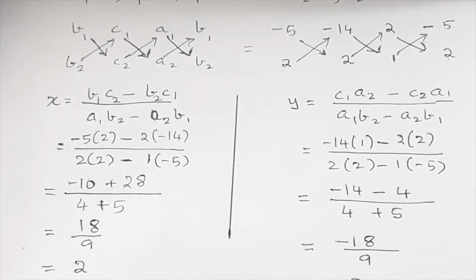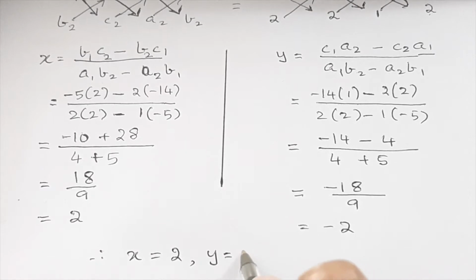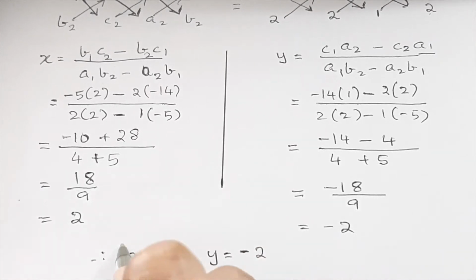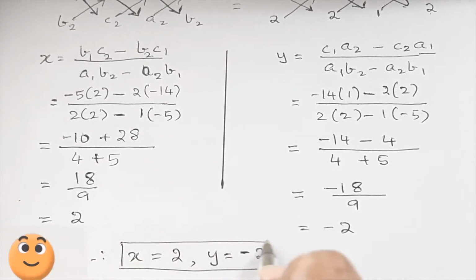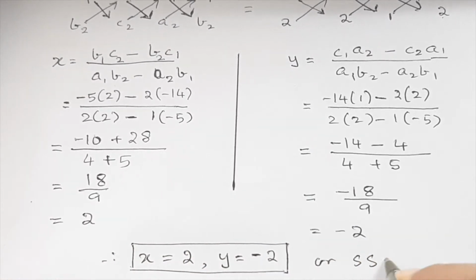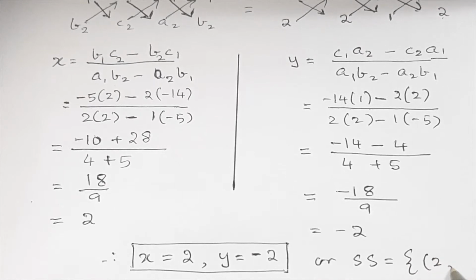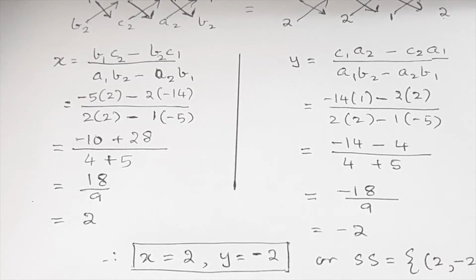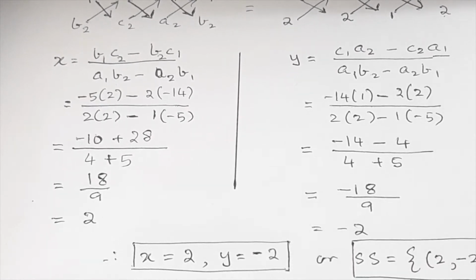So we have therefore x equal to 2, y equal to minus 2, and this is our answer. Some of your teachers may also ask you to write the solution set as x and y values like so. Depends upon your teacher, and that is our answer.